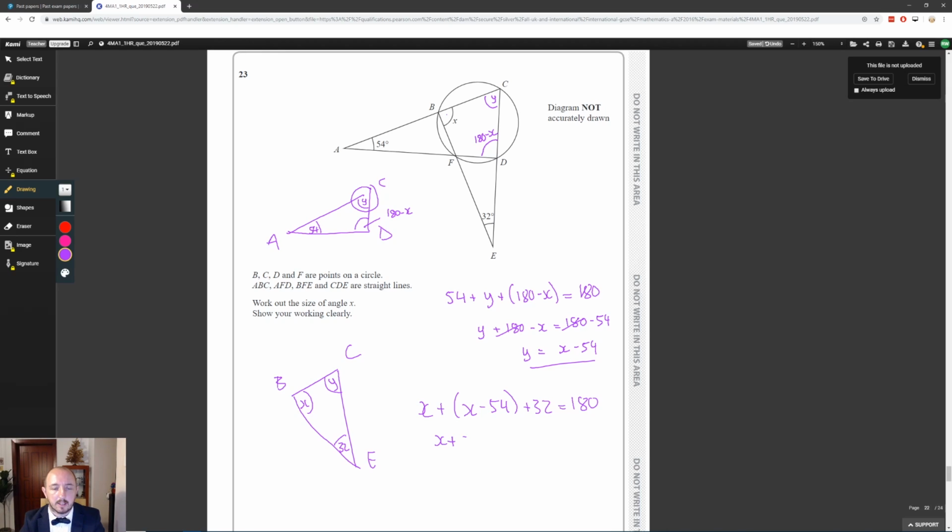X plus x minus 54 plus 32 equals 180. So 180 plus 54 minus 32 will be equal to 2x. So 2x equals 202. So x equals 101 degrees. Okay?